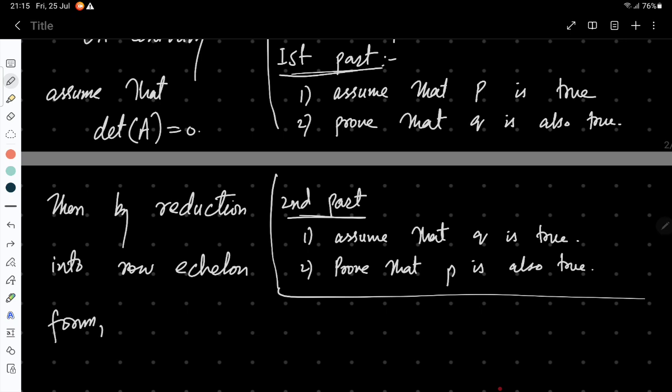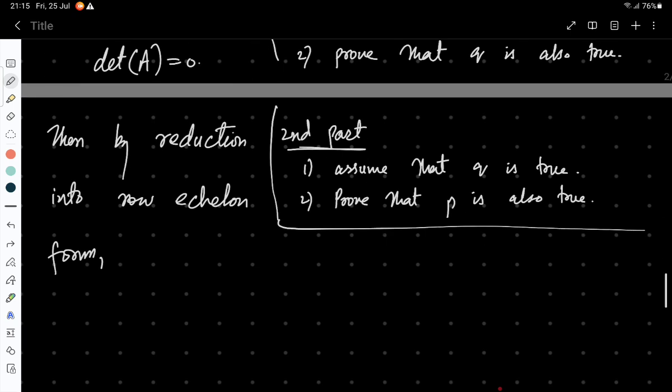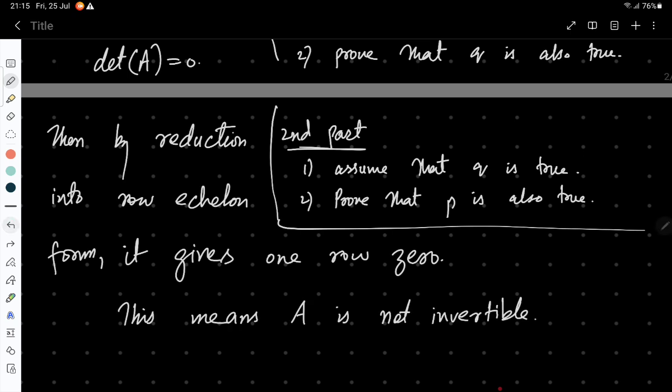Then what will happen? If the determinant is equal to 0, then by reduction into the echelon form of matrices, we will get the last row 0. If the last row of the matrix is 0, then the matrix is not invertible.